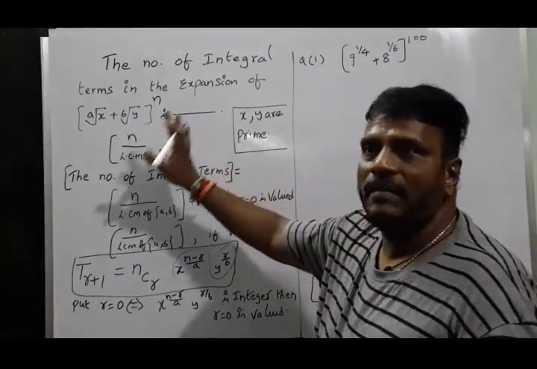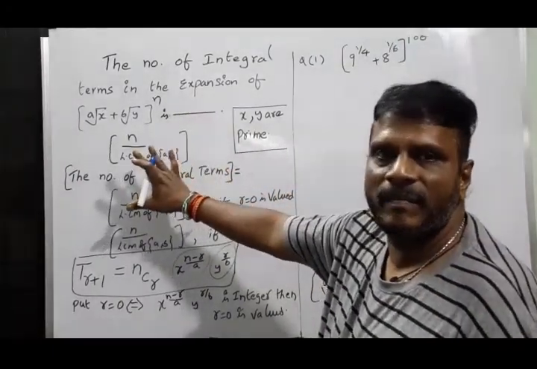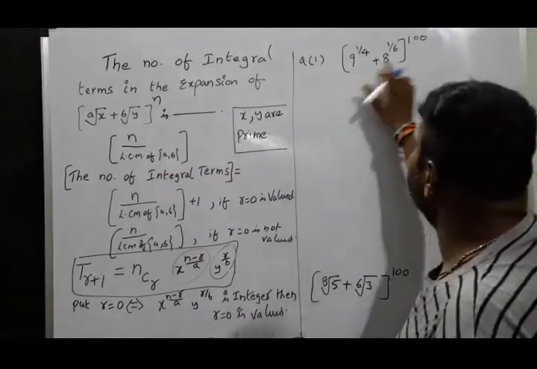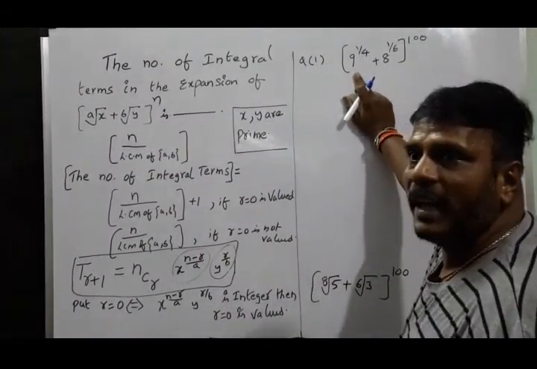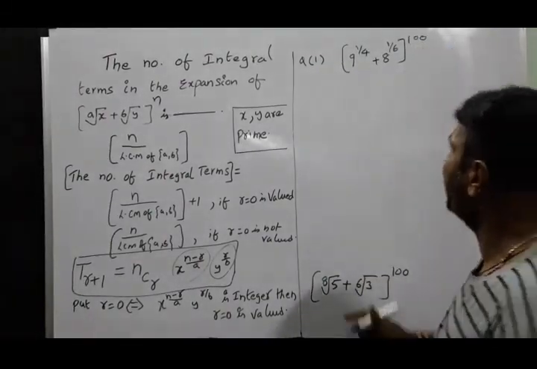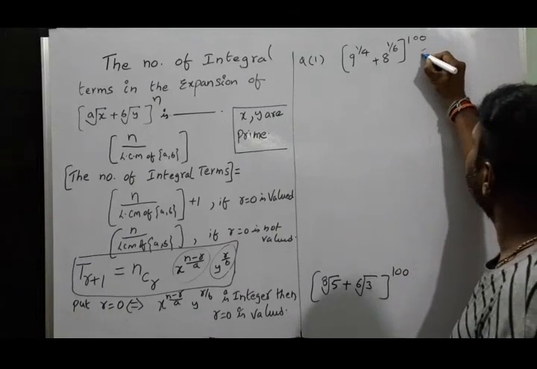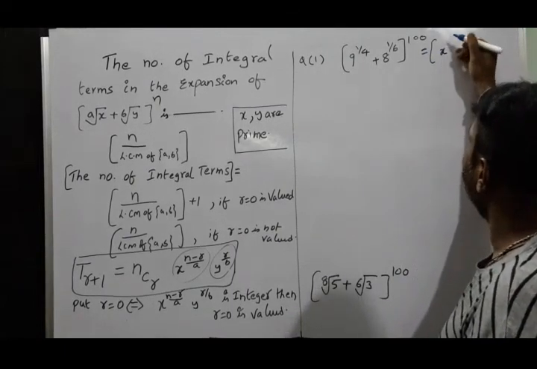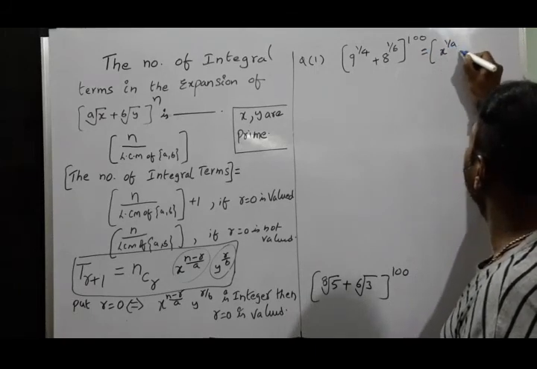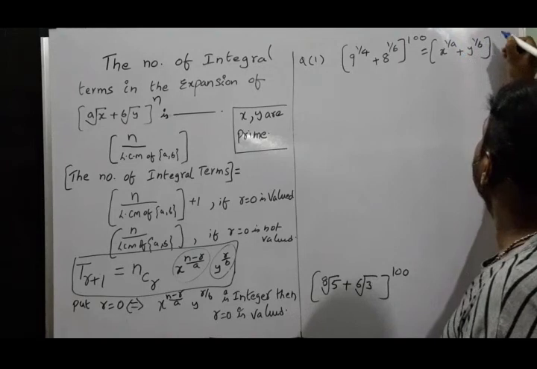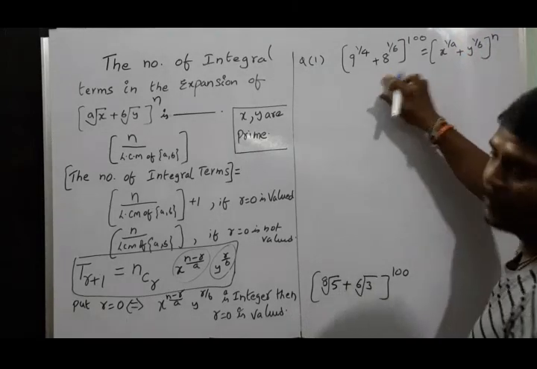Now I am explaining this with suitable examples. The first one is (9^(1/4) + 8^(1/6))^100. Now it is of the form (x^(1/a) + y^(1/b))^n.